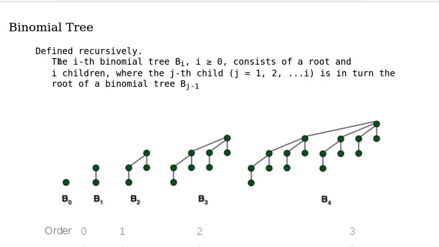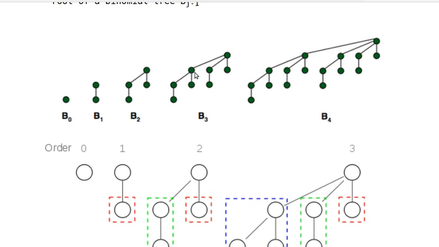The ith binomial tree Bi, i larger than or equal to 0, like B2, consists of a root and i children, like B3 has a root and 3 children: 1, 2, 3.